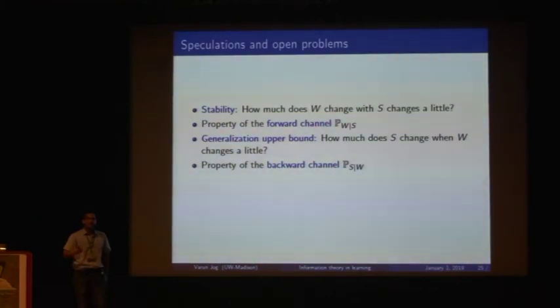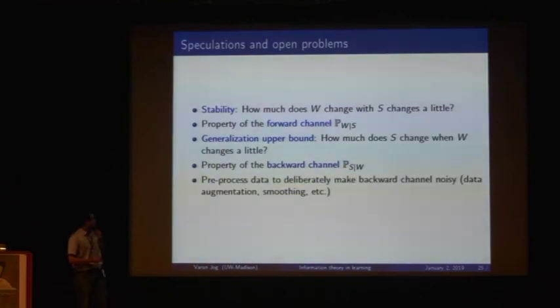Is there any way you could make the backward channel more noisy, or do some kind of a geometric transformation of the backward channel to make sure the Wasserstein bound is small? Not that we are just making the bound small. What I'm trying to say is there might be ways to make it generalize well without making the Wasserstein bound small as well. But one way to ensure that it is generalizing well is to deliberately make some modifications to the backward channel, which I'm not sure what to do there.